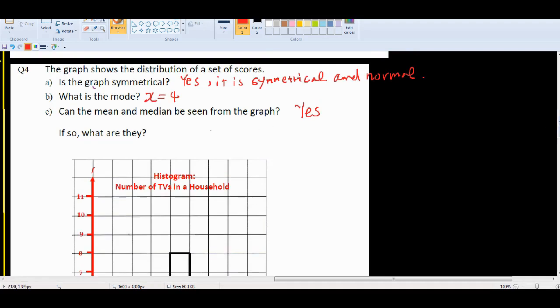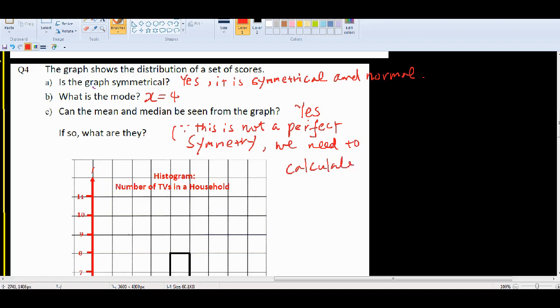The reason is, since this is symmetrical but not perfectly symmetrical, we need to calculate for the mean and median.